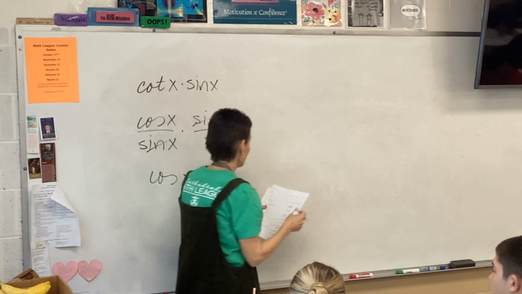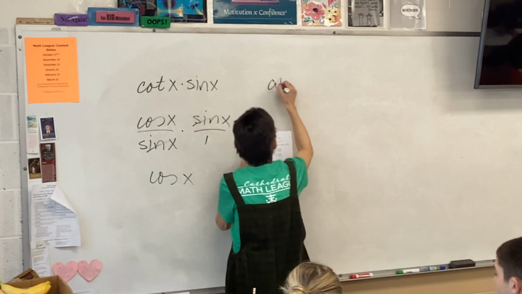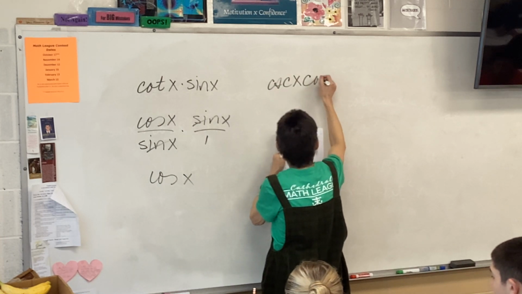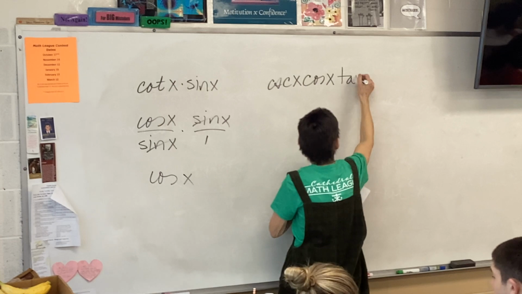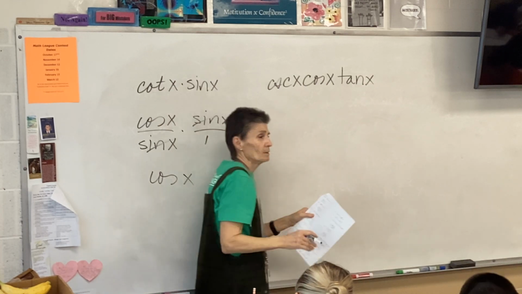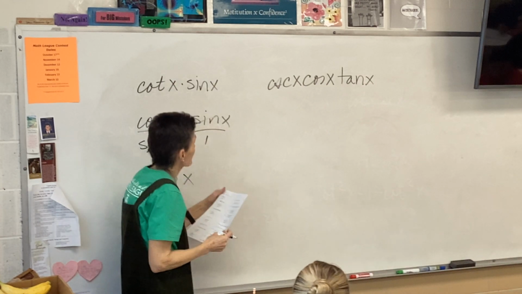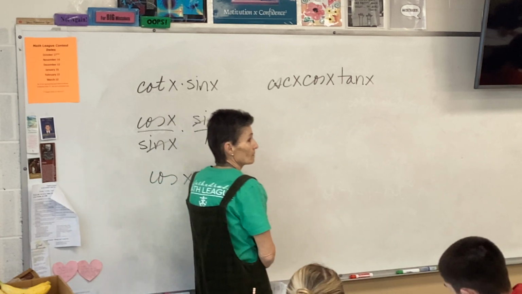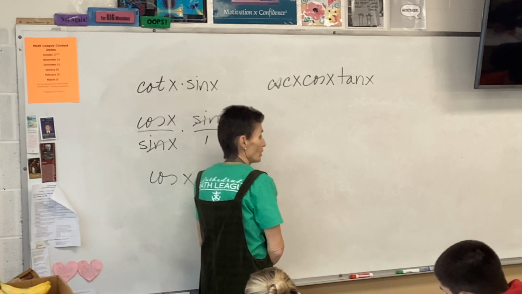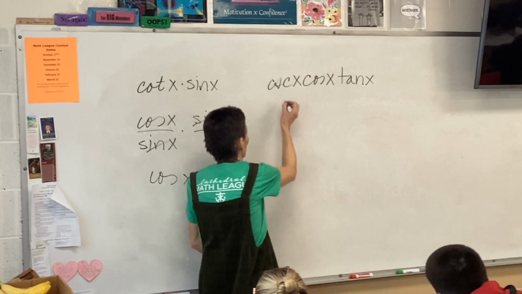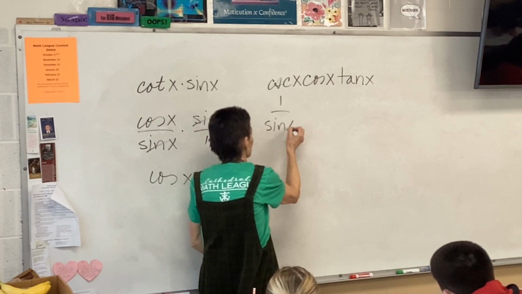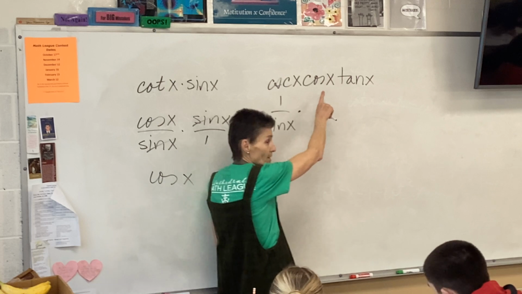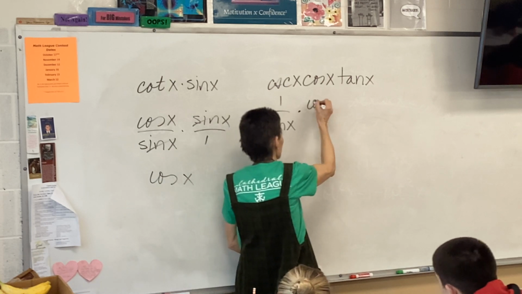All right, let's get down to number 4. I'm doing problems that all basically approach the same way. So what do you think about this one? What are you going to do with cosecant? 1 over sine. Now, cosine, we're not going to change.